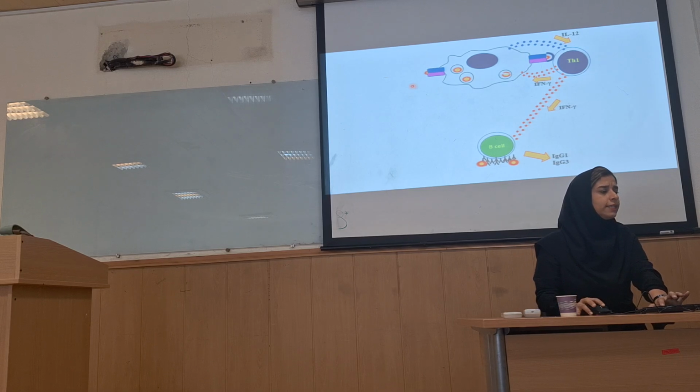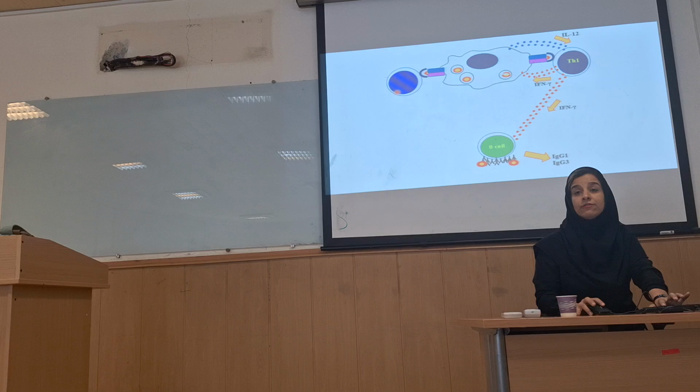And also these macrophages in the innate immune system, after pathogens or any foreign antigen or substance enter, present them to lymphocyte T CD4 positive cells or T helper cells in the presence of interleukin 4 as one of the other cytokines in the adaptive immune system.